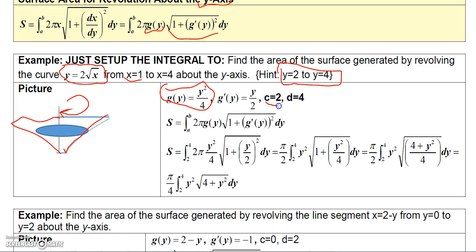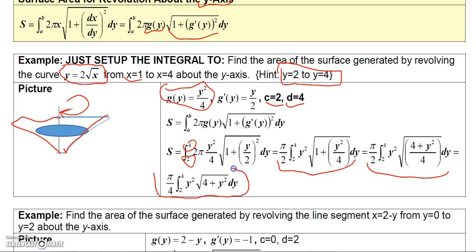I used c and d here, even though the formula says a to b, but it's the same thing. So we're going to integrate from 2 to 4, 2 pi times the function of y, which was y squared over 4, times the square root of 1 plus y over 2 quantity squared. And then the rest of this is just simplifying. I did some algebra here to simplify this, and I finally got it into this form.